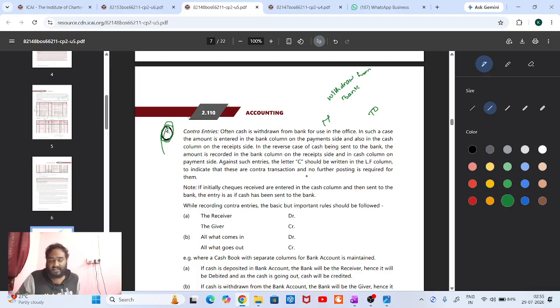It is an asset for us, which is why it is a debit balance. So in order to reduce the value, since it is a debit balance, we are crediting here. Cash is coming, right? Cash account debit to bank. This is the entry. This is a contra entry. How does it affect? It doesn't affect. We are just withdrawing from the bank or depositing in the bank.